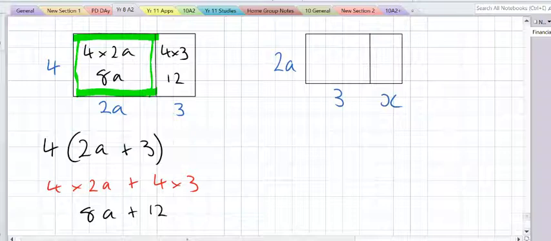Are we just supposed to do 3 for it? Yeah. For this bit here, what's the two sides? 2a and 3. So if we do length times width... Don't worry about the scale and the squares. Because now we're in algebra, we don't know what the x's and the a's are. The grid makes it look like it's another number.